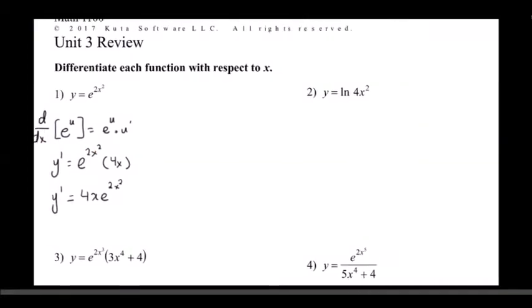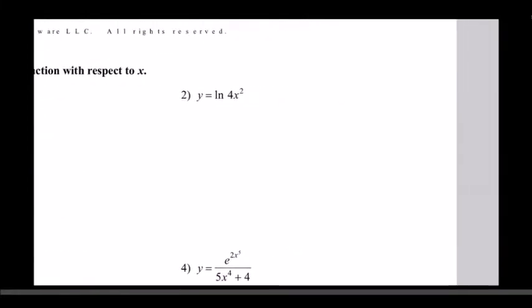Now, switching over here to question 2, there's a rule involving the derivative of natural log. The derivative with respect to x of the natural log of u is equal to 1 over u times u prime. So for this example, question 2, we have y prime.